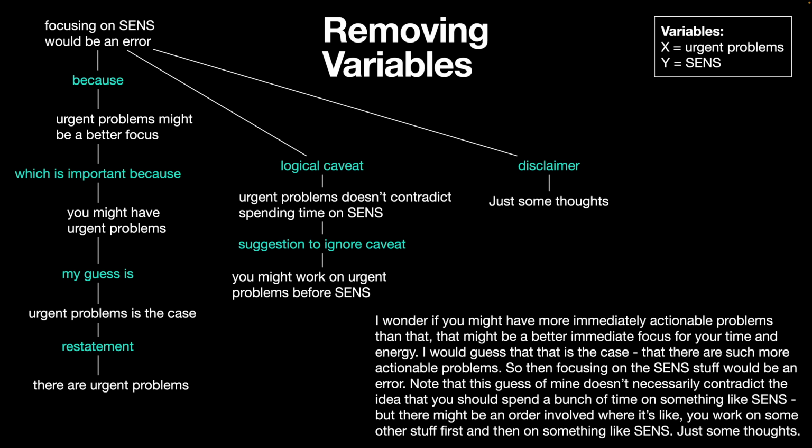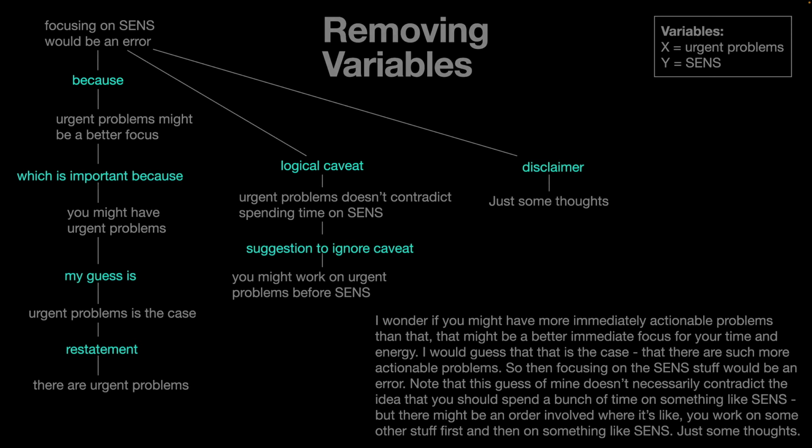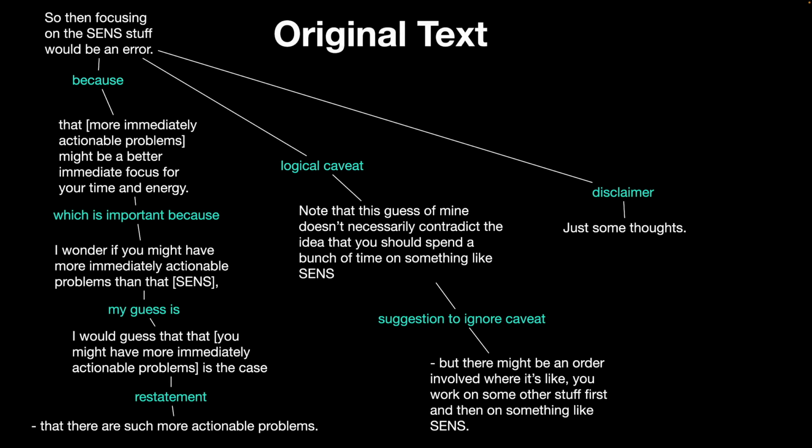Then we can go even further and put the original text back into the tree. So now each node is actual quotes of the forum post instead of my own wordings. I did add a couple things in square brackets to clarify, because when you break the paragraph up into parts, some of the references become problematic.